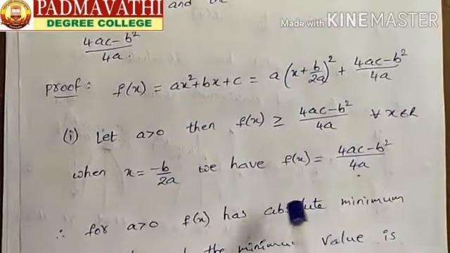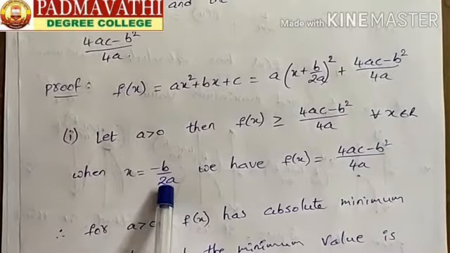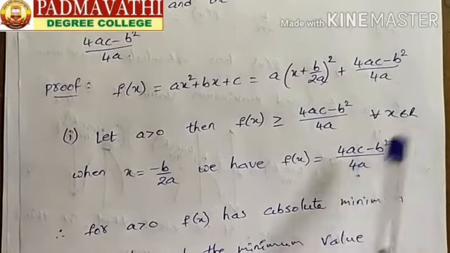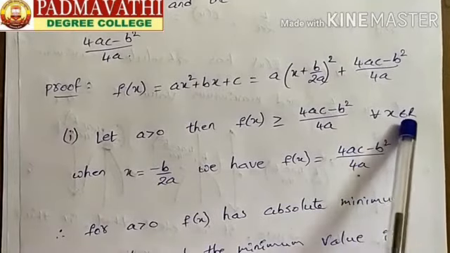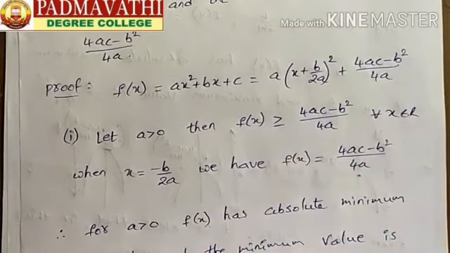So by using these two conditions, for all values of x, we can tell that at x equal to minus b by 2a, this value will come. For all remaining x values, for all x belongs to R, definitely f of x is greater than or equal to 4ac minus b square by 4a.